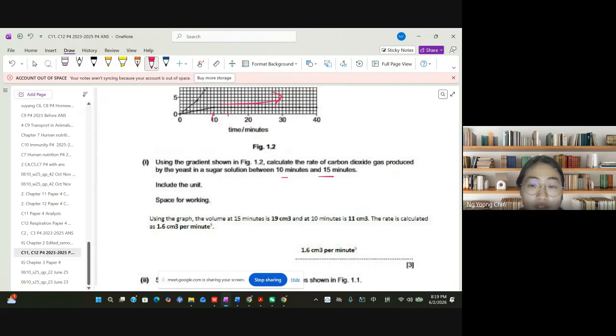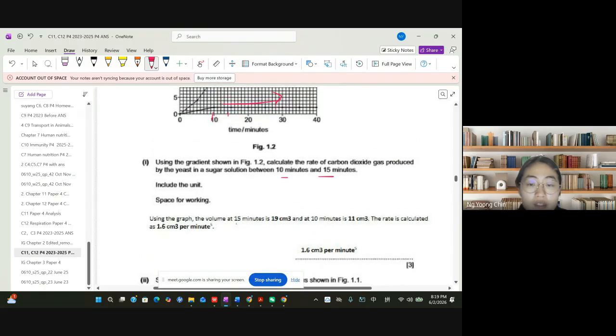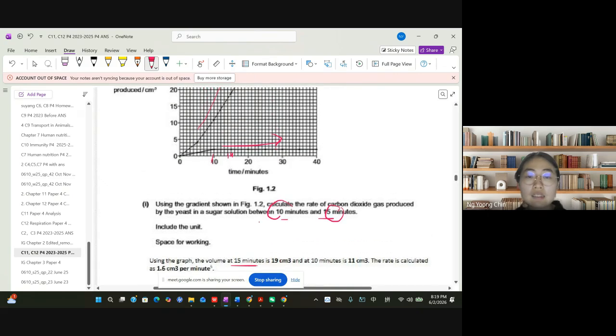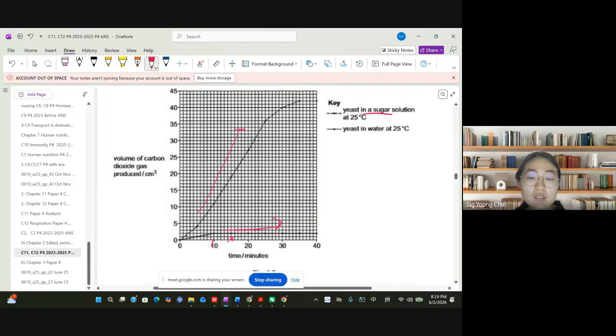Using the graph, the volume at 15 minutes is 90 cm³, which is around here.